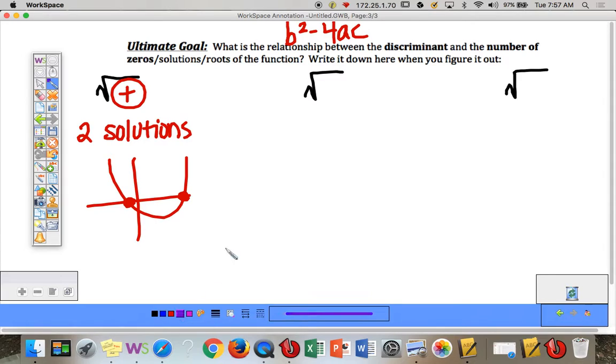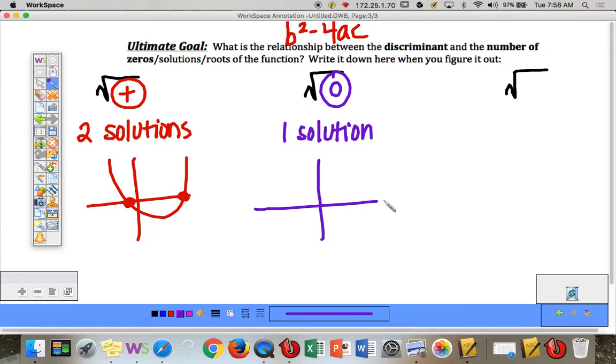If you get 0 for your discriminant here, you will have one solution, because if you have a number plus or minus 0, it doesn't matter about the plus or minus. And your graph might look something like this, where it touches your x-axis only once.